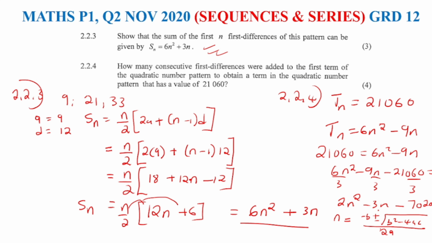Because you are already in grade 12, I only show this to grade 10 learners, but if you do this properly, you should be able to reach a value where n is equal to, let me check, 60, and then you're going to say therefore 59 terms have to be added to the first term. 59 terms have to be added to the first term.